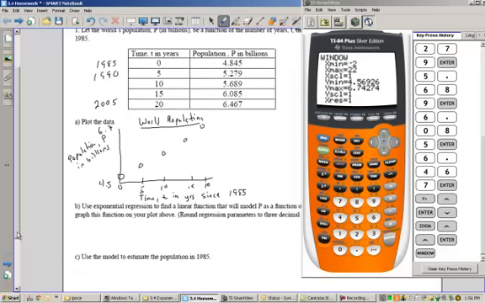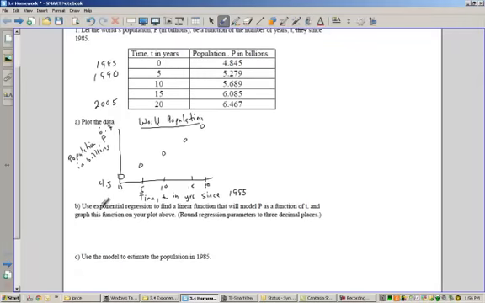In part B now, it says use exponential regression to find an exponential model, and that should say exponential function.